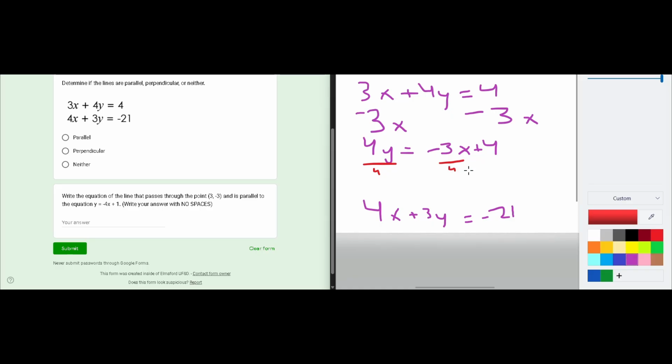So now negative 3x divided by 4 is negative 3/4 x. And 4 divided by 4 is just 1.